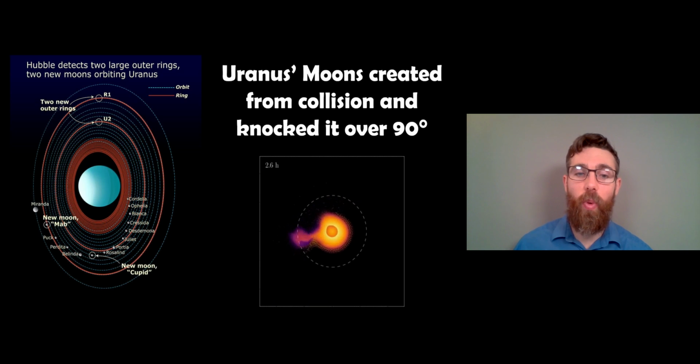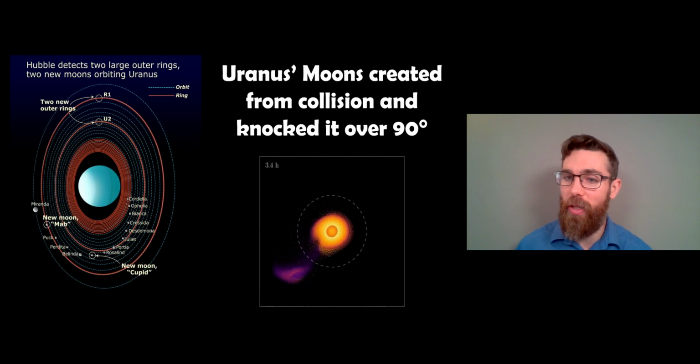Now, the key thing with both of these collisions is that the moon, the moons, and the rings that were all formed after the impact would have been orbiting in the same direction as the planet. We'd call this prograde, so the moons orbit in the same direction that the planet rotates, which is one of the key aspects to what we see with these moons compared to some other formation scenarios.